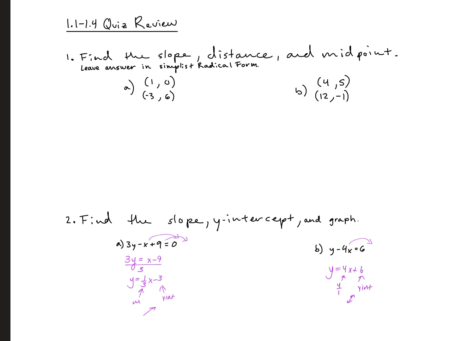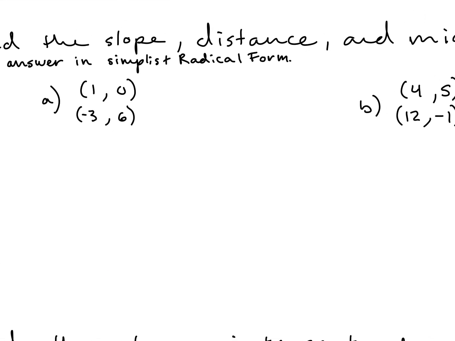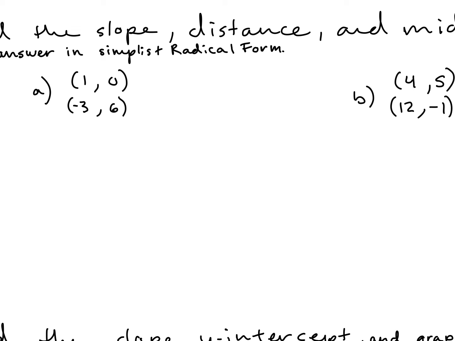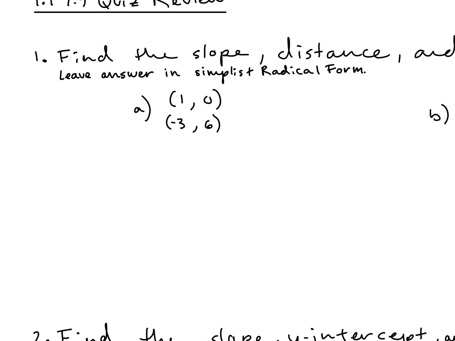And then lastly, all right, last thing. I'm not going to do the slope because we've already done the slope a bunch, but let's talk about distance real quick. Again, you're not getting the formulas. So our distance formula is we subtract the x's, square them, subtract the y's and square them, and take the square root, right? So it doesn't matter if you say 1 minus a negative 3 or negative 3 minus 1. Just keep the x's together and make sure you subtract.